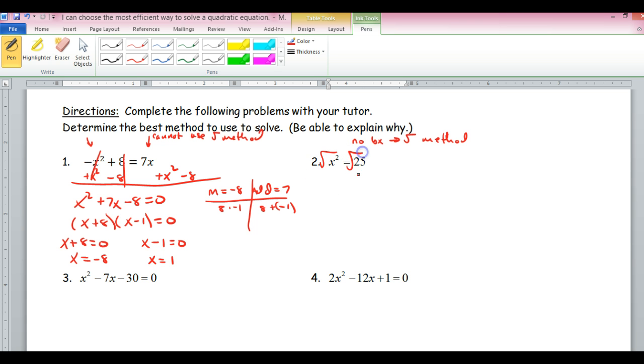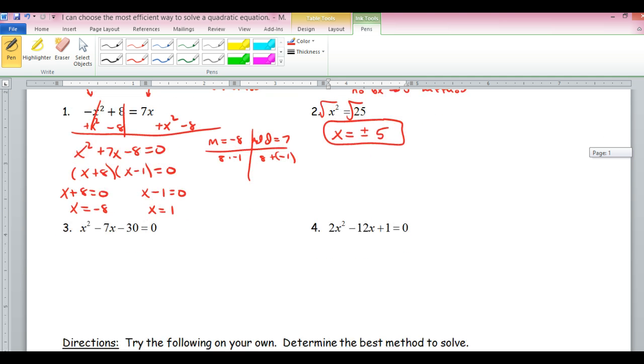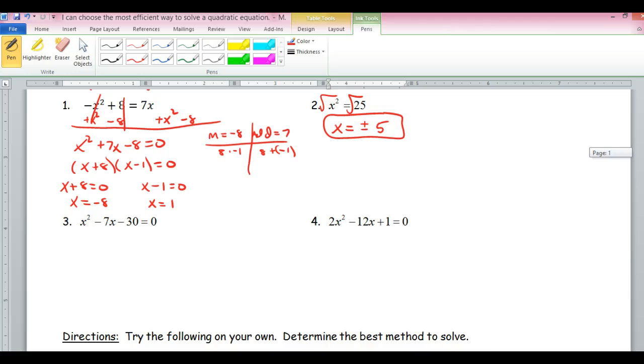You take the square root of both sides. But do not forget, once you take the square root of both sides, you have two possible roots. And the square root of 25 is 5. So your answers would be positive 5 and negative 5, which we represent using the plus or minus sign.